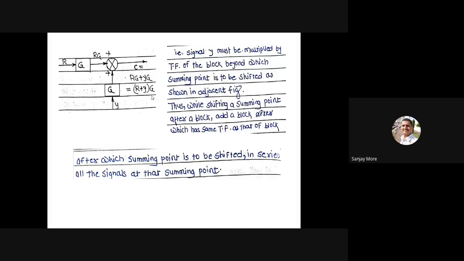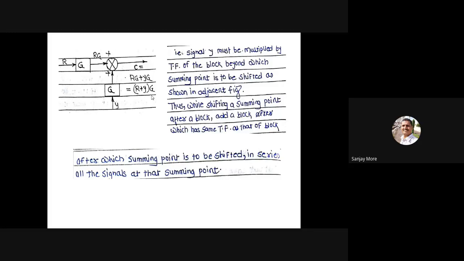Then here, the final block diagram of this summing point shifted beyond or after the block. That is, signal Y must be multiplied by the transfer function of the block beyond which the summing point is to be shifted, as in the adjoint figure.